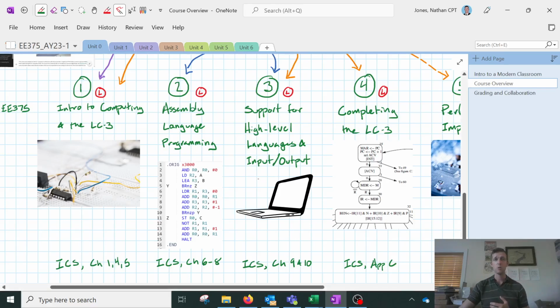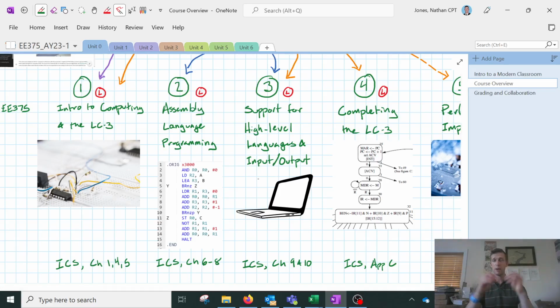So in Unit 3, we'll go all the way down to the circuits. How does the LC3 talk to a display, write ASCII characters to a display, and read ASCII characters from a keyboard? Additionally, how is it able to implement higher level features like having privileged areas in memory that start to implement some basic security features?